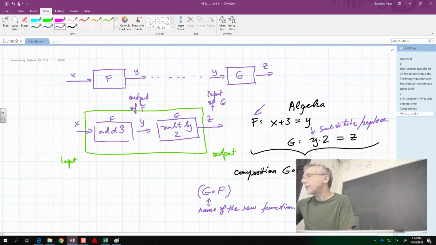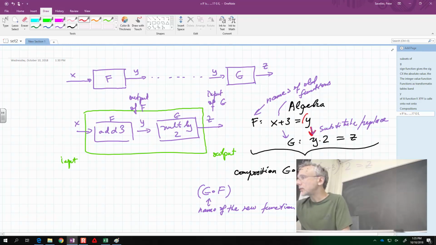So f and g were the names of the old functions, and now I have produced a new one. This is the key step of substitution. Y here, y there, so why not just replace it? G circle f is the name of the function, and as we always write with functions, the name of the function is followed by the independent variable in parentheses.